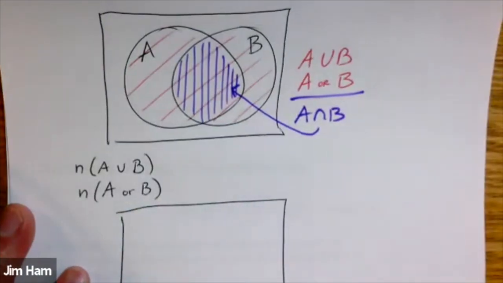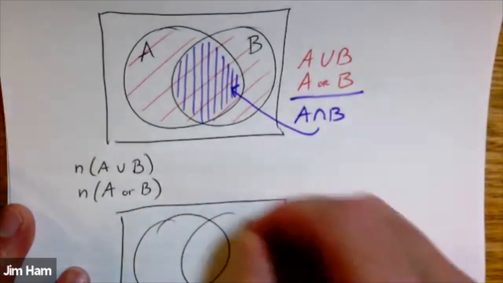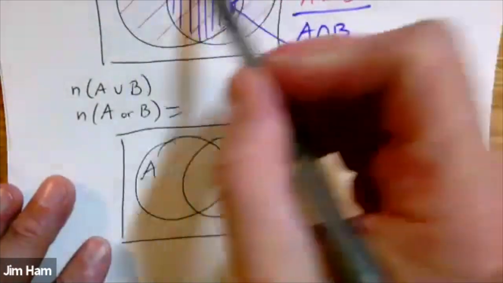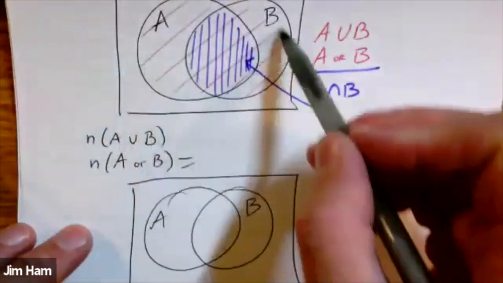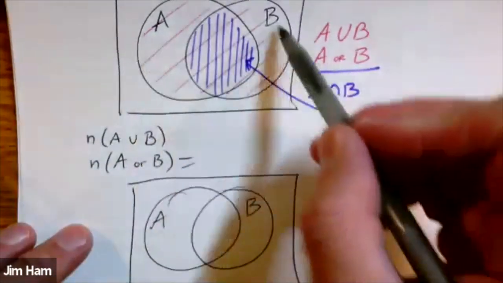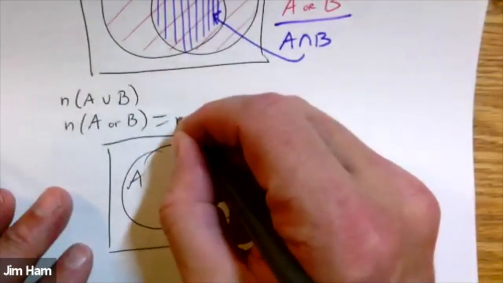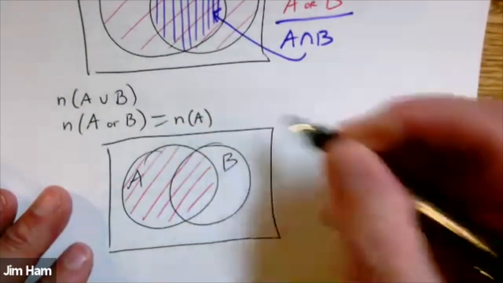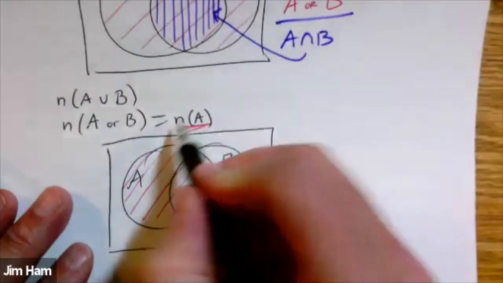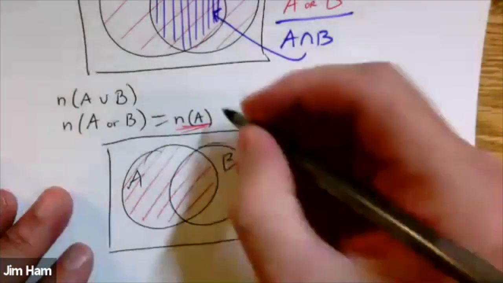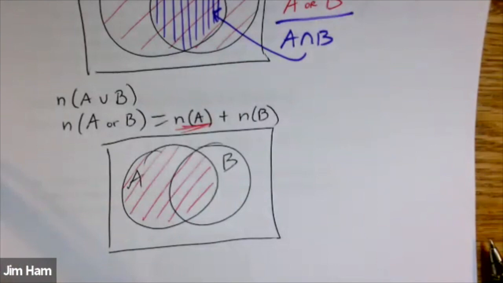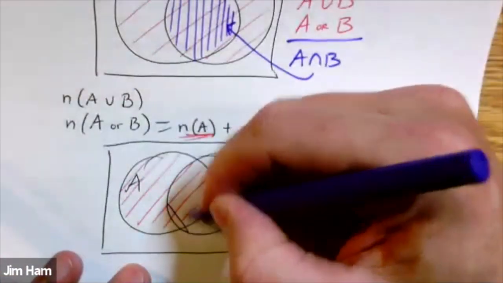And here's a formula for calculating the number in A or B, which is all of this inside the circles. I'm going to draw another Venn diagram here. All right, here's how you do it. The number in A or B, which is this region up here, the red and the purple shaded region, everything inside both circles. What you can do is add the number in A, I'll indicate that in red, and then you can add to that the number in B. So it's all of these.